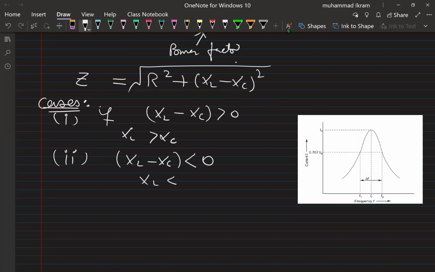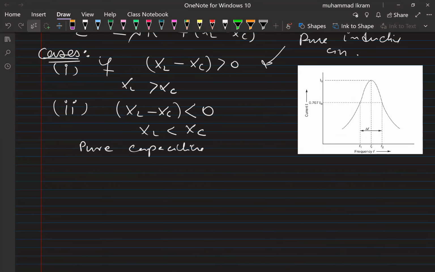XL will be less than XC, and in this case the phase angle phi will be negative, and the circuit will be a pure capacitor circuit, and the other one is a pure inductive circuit. In this situation, the current will lead the voltage by pi by 2.